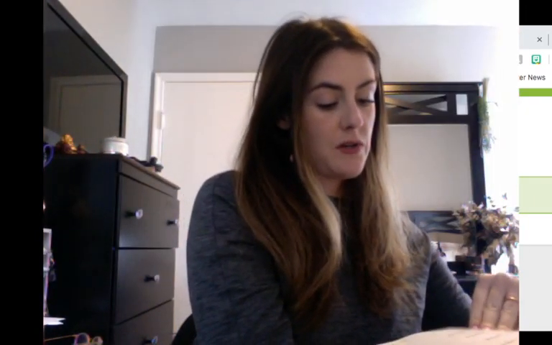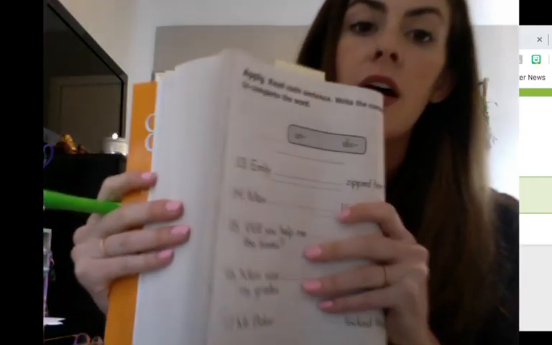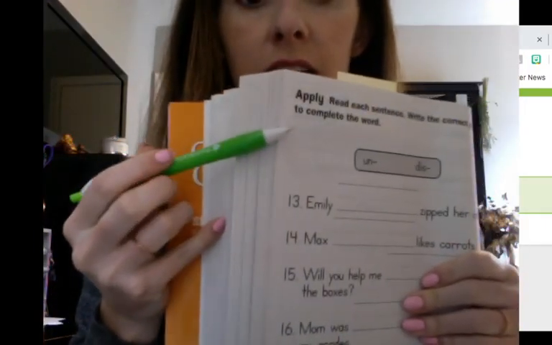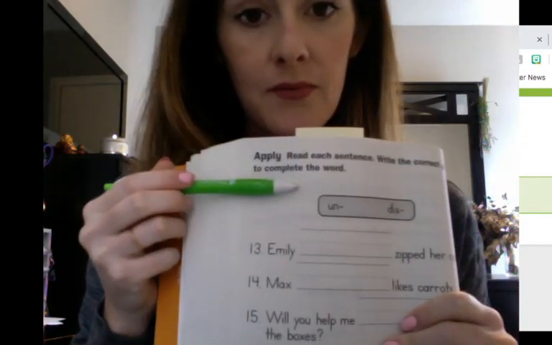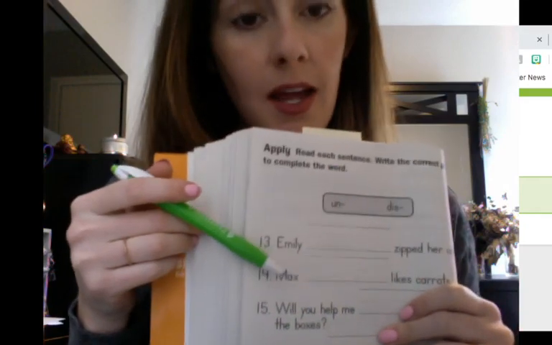All right, on the back, we have our 2 prefixes of the day in this gray box here. We have un and we have dis. Both of them prefixes meaning not.